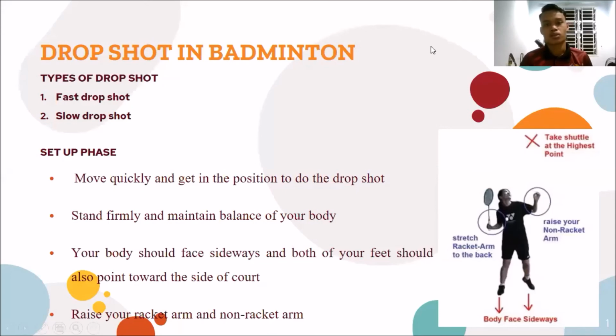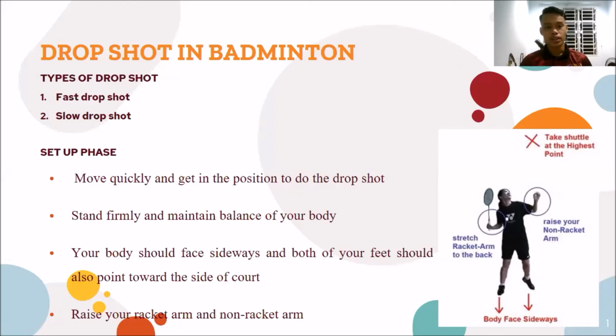Okay, today I will explain about the drop shot in badminton. The drop shot in badminton has two types, which are the fast drop shot and the slow drop shot. The technique for doing this skill: first is the set up phase.